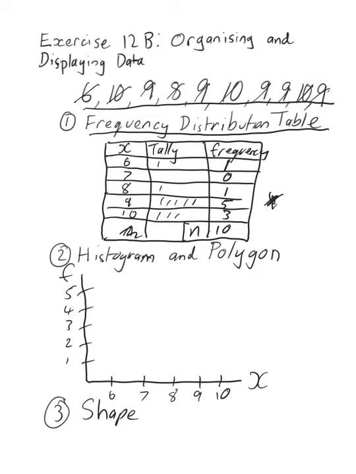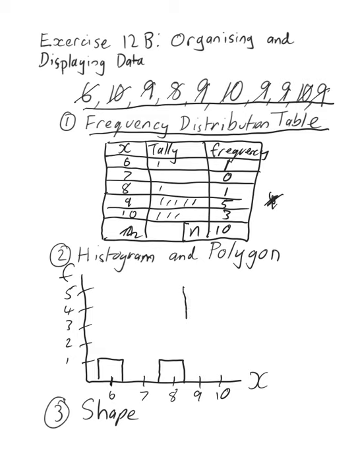Okay. Now a score of 6. We do a nice strong bar here or column. We have the 6 in the middle of the column, okay, and we go up to 1 because there was 1. 7, there's nothing, okay, so I won't draw a bar there. For the score of 8, there was 1 score of 8. 9, there were 5 9s.